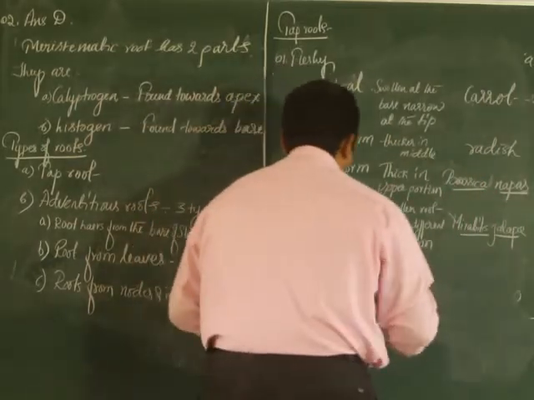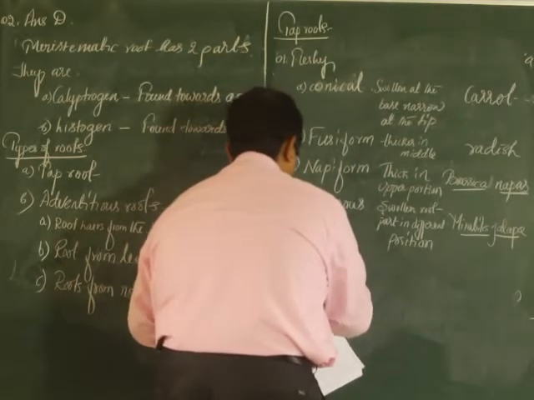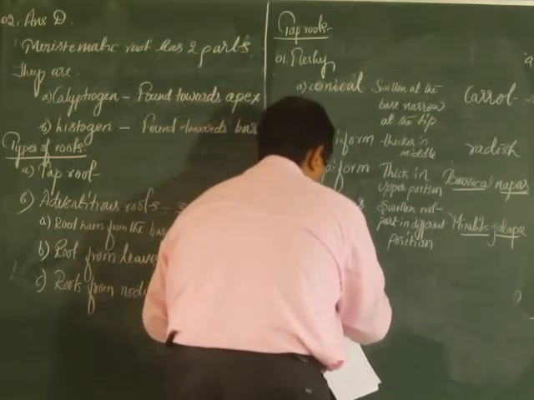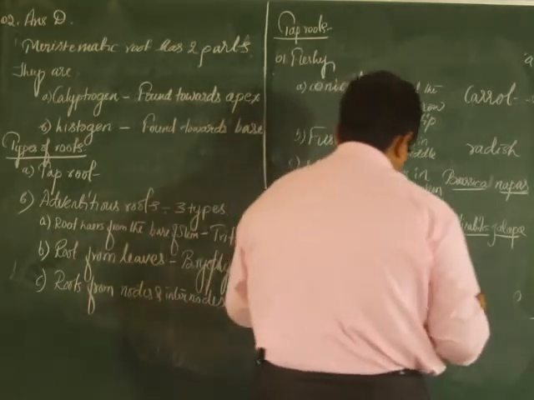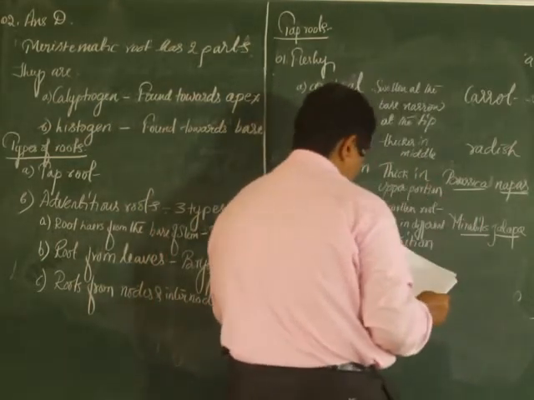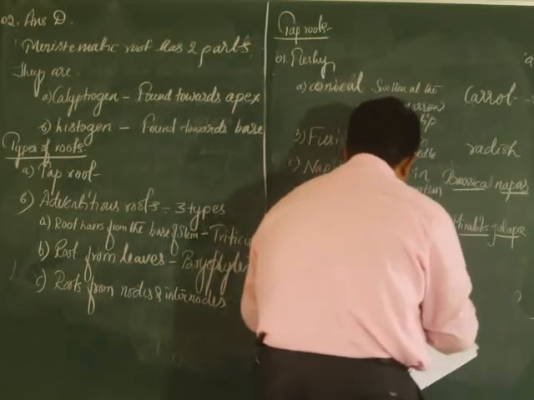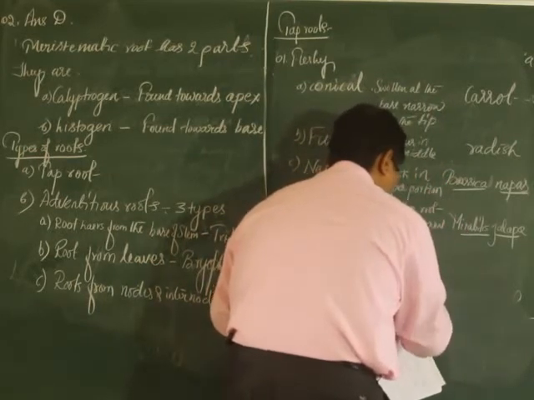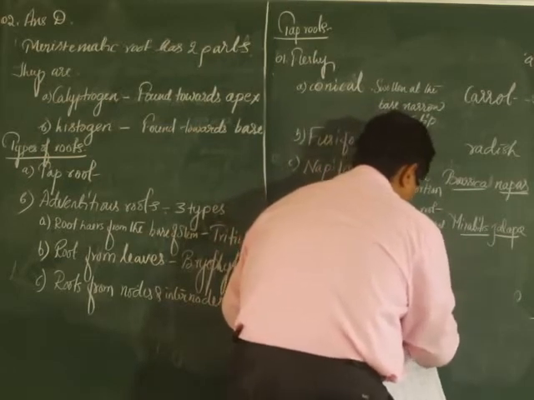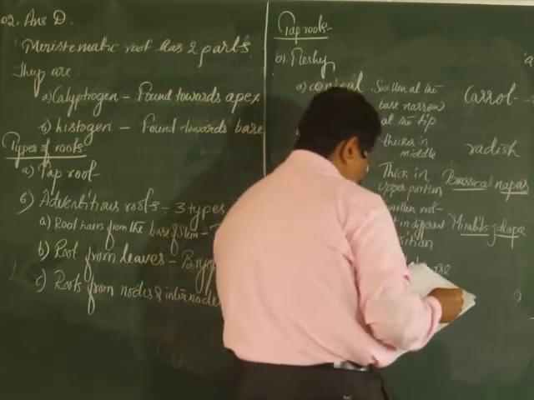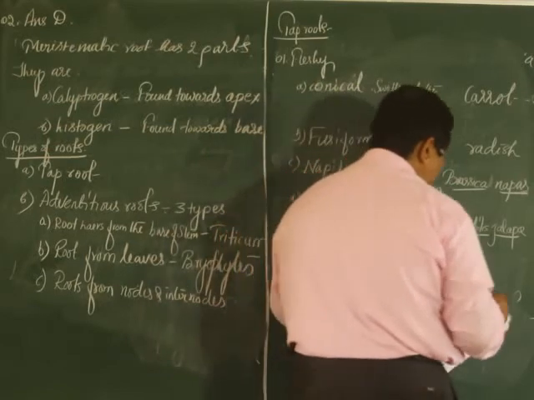Then nodulated. Nodules are found. This type of root is found in Glycine max.